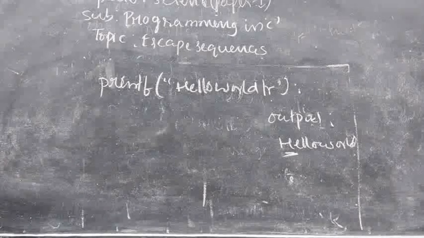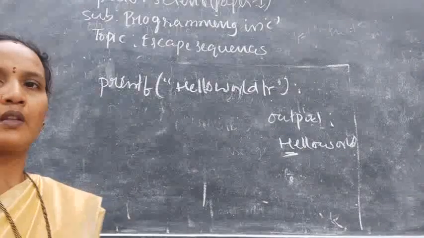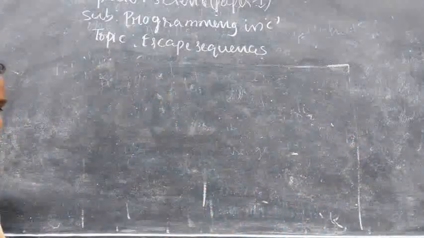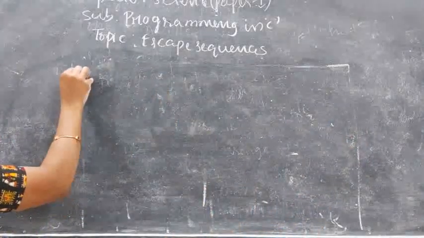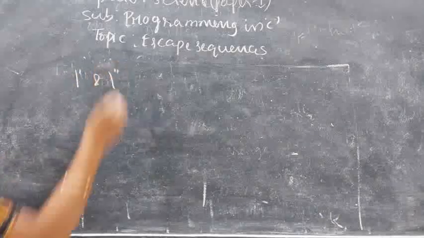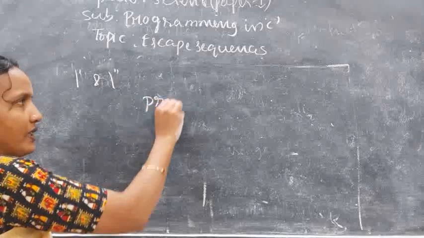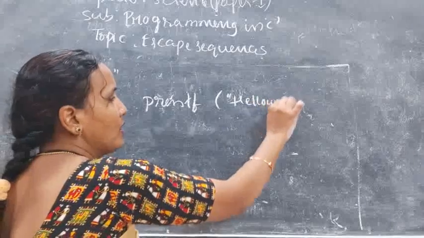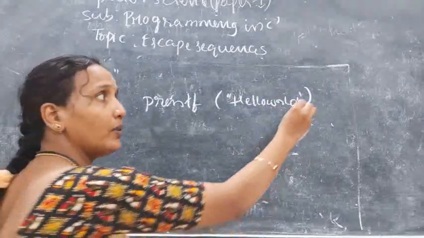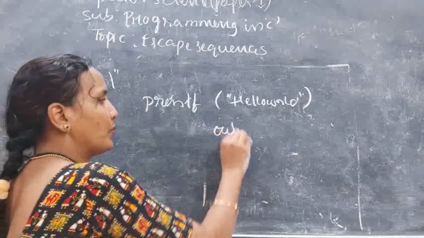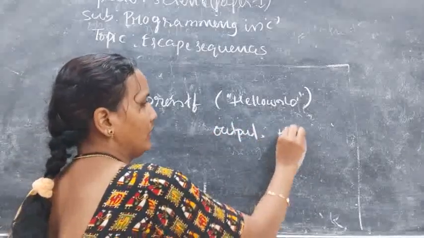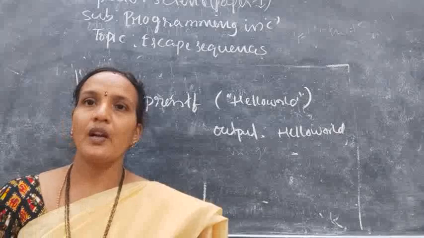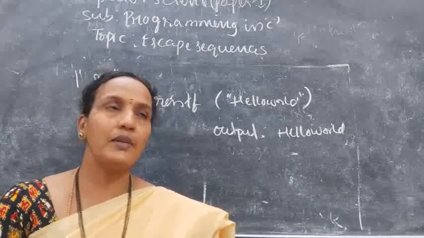The next one is single quotes and double quotes. Backslash single quote and backslash double quote. See, I am writing an output statement like this: print hello world in double quotes. Generally when you print this, the output is hello world. But I don't want to simply print that.